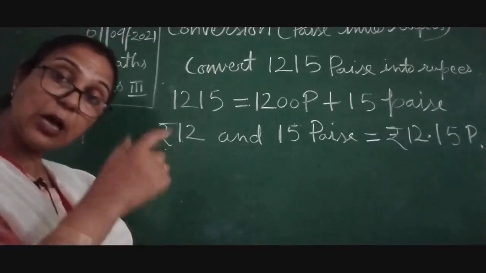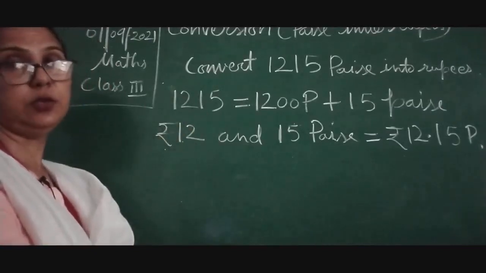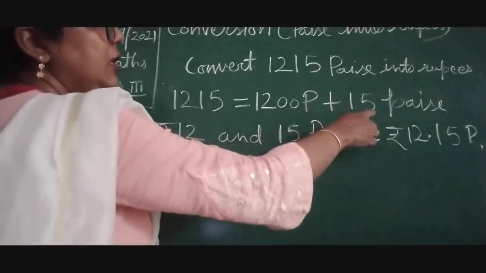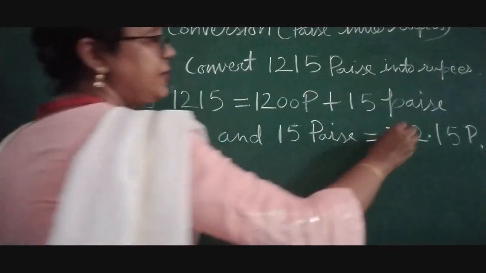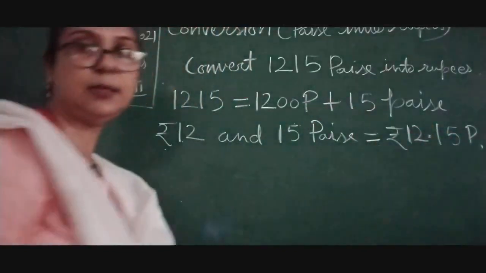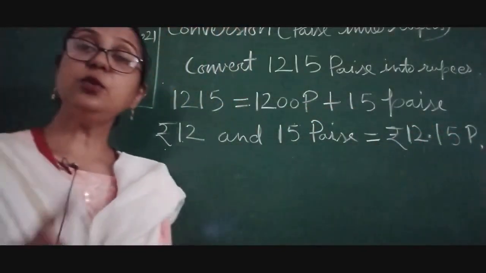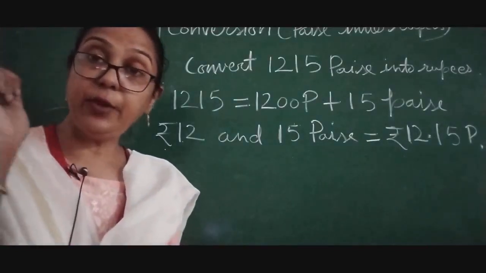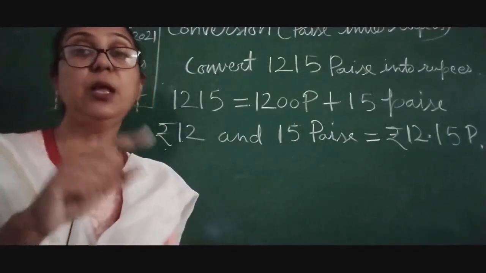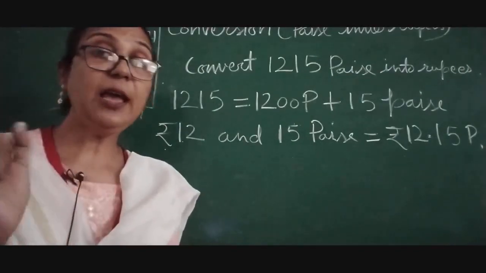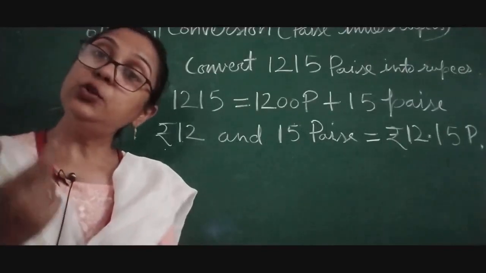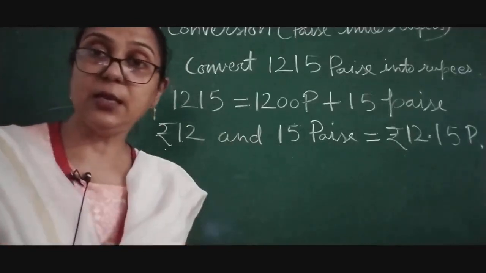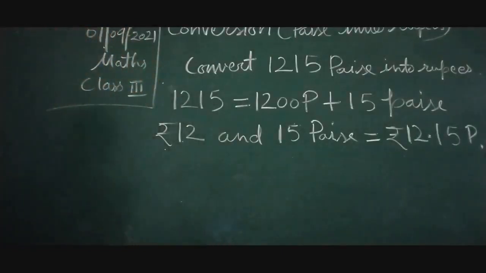That is how we can convert into rupees. Here 12 rupees, and what is remaining? 15 paise. So we will write 12.15 paise. It is simple, children. Just remember why this is coming: 12 rupees is 12 times 100 paise, so the answer becomes 1200 paise, plus 15 paise.